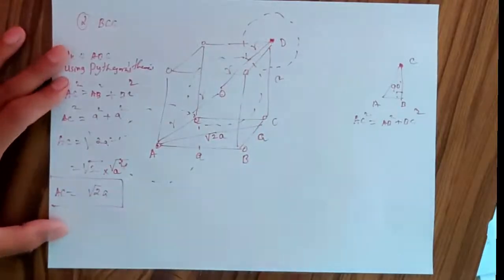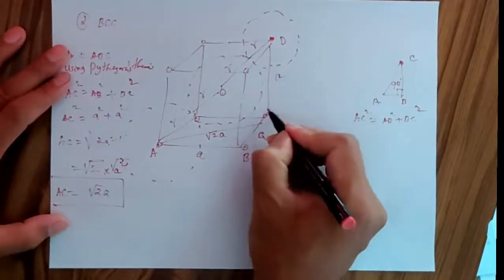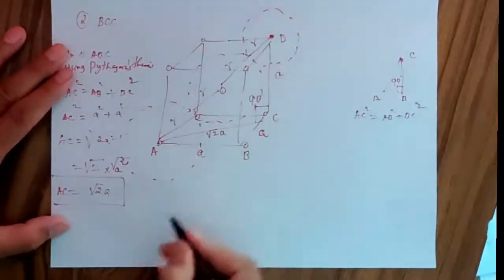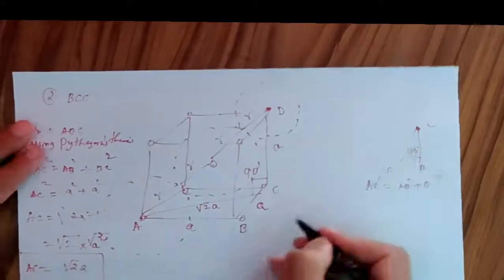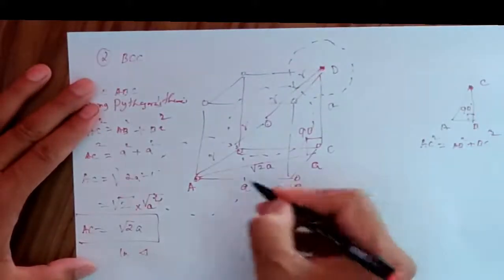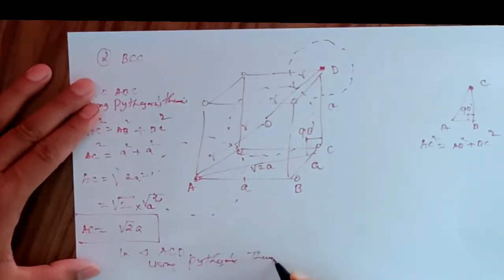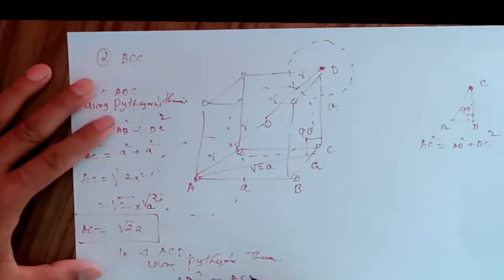Good. Angle C is 90. So in triangle ACD, using Pythagoras theorem, AD square, the hypotenuse square, is equal to AC square plus CD square.